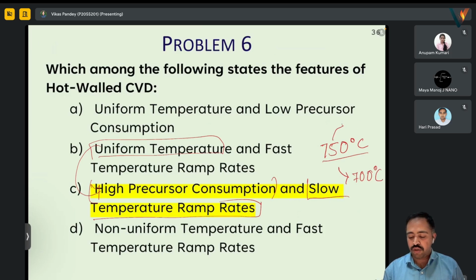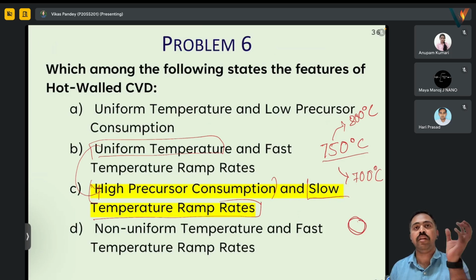If we want to go to 800 degrees Celsius, the whole thing has to increase the temperature instead of a small area. In this case also the temperature ramp rate will be slower compared to a small area that has to be heated, and that can be done using a small amount of energy or a small number of heaters.